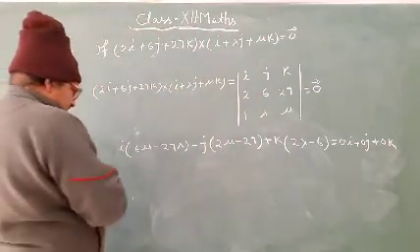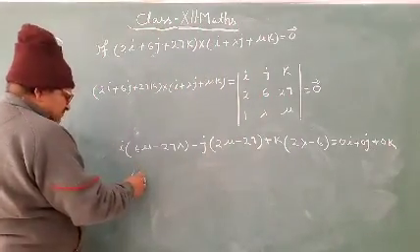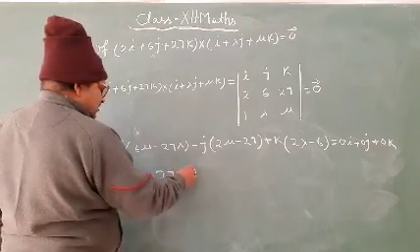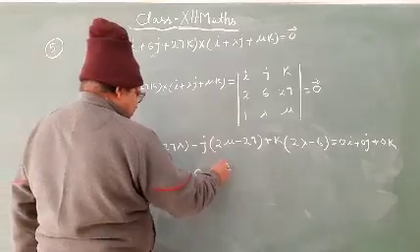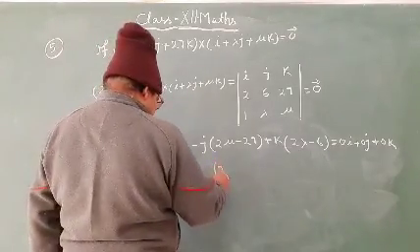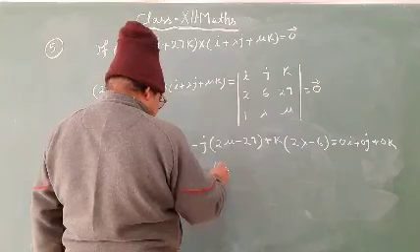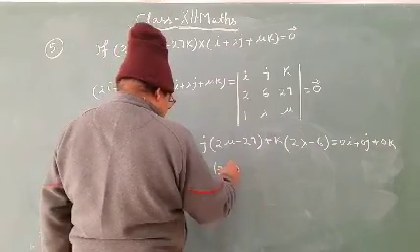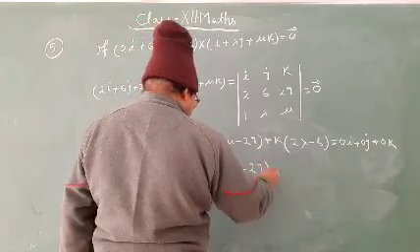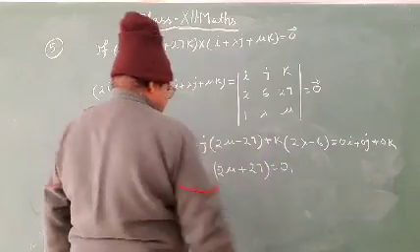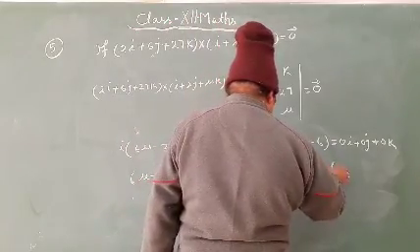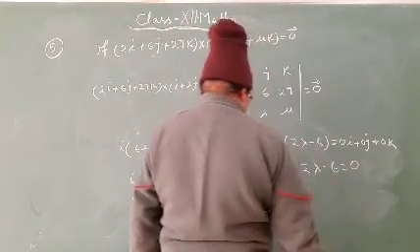Now compare. 6 mu minus 27 lambda equal to 0, minus 2 mu plus 27 equal to 0, and 2 lambda minus 6 is equal to 0.